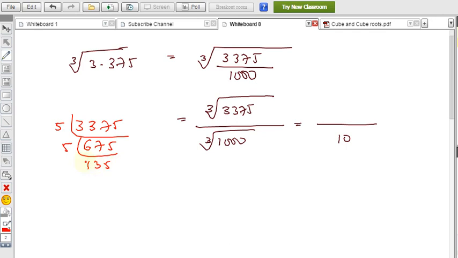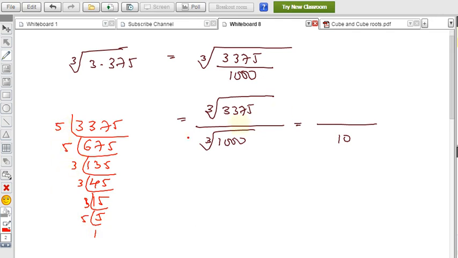Then it does not go further in 5, next go for the 3 table. 3 fours are 12, 3 fives are 15. You can take any table, even 3. 3 ones are 3, 3 fives are 15, again 3 fives are 15. Anyway, 5s are 3 and 3s are 3.